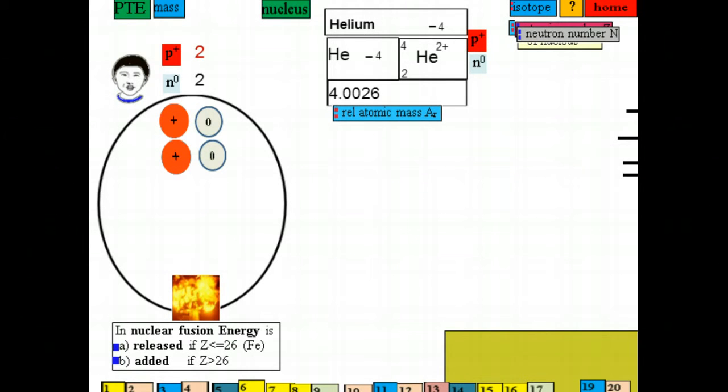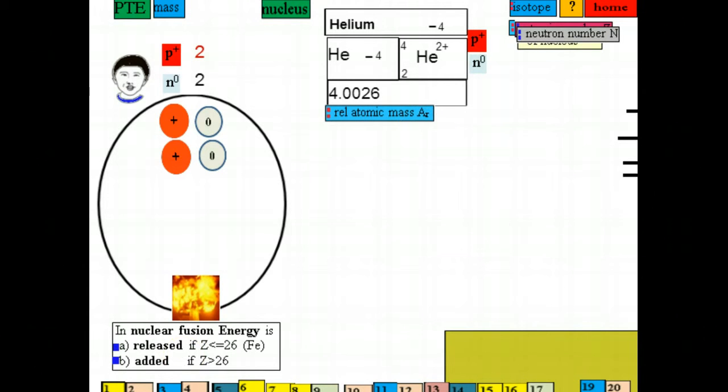We understand now what the mass number, the atomic number, and the neutron number are. The only number which we have not discussed yet is the number 4.0026, which is the relative atomic mass A with a subscript r.